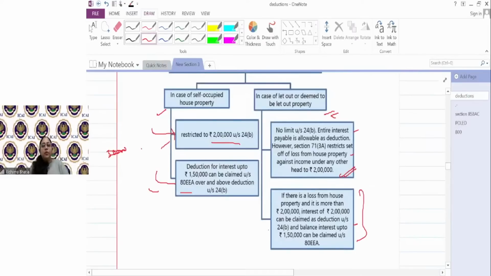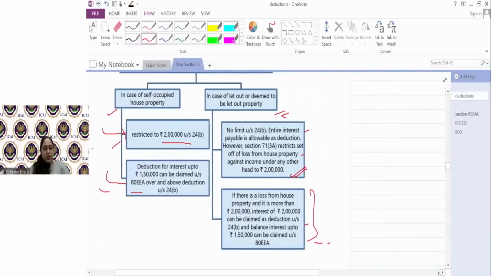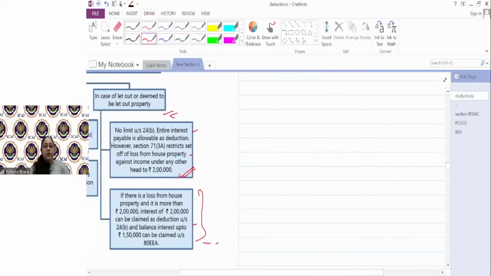See guys, let-out property, okay. They are saying a situation comes that you have an income of 5 lakh, but you have interest on loan of say 8 lakhs. Now what will happen here? The loss would be 3 lakhs, correct?